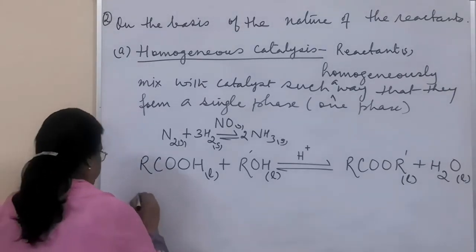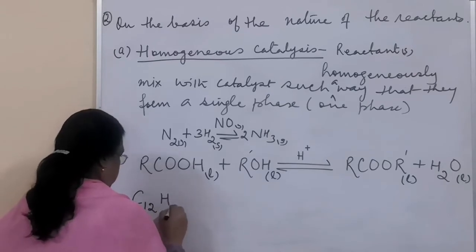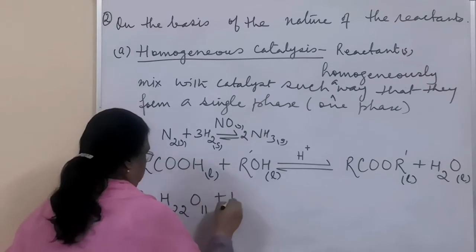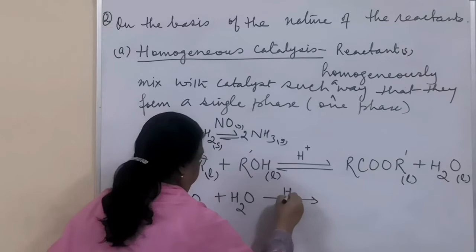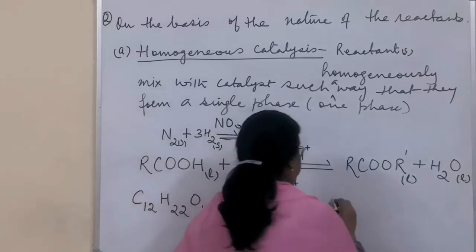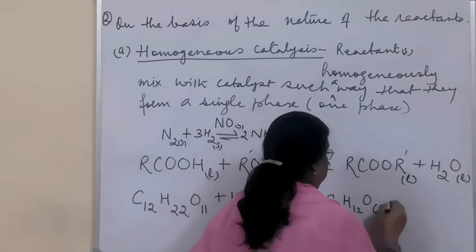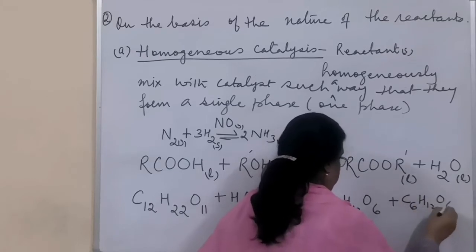And one more example which is quite common, that is hydrolysis of sucrose, C12H22O11, with water in the presence of mineral acid, and we obtain one molecule of glucose and one molecule of fructose.